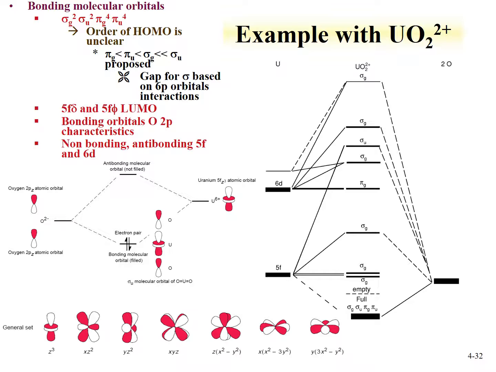So from the molecular orbital, we see that the metal, the uranium, contributes f's and d's, where the oxygens are going to just contribute s's and p's. We see that the highest occupied molecular orbital is a mixture of sigma and pi bonds, and what we measure in UV-vis is this transition.